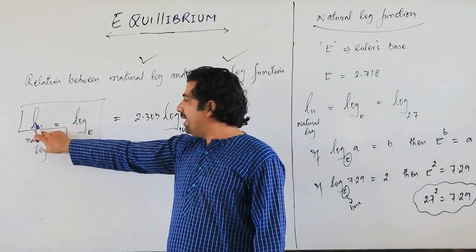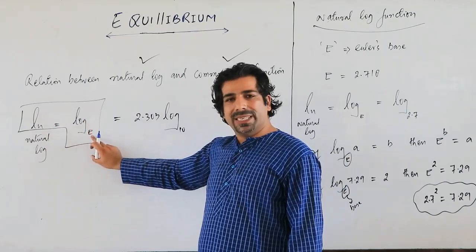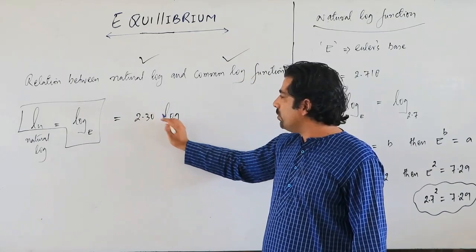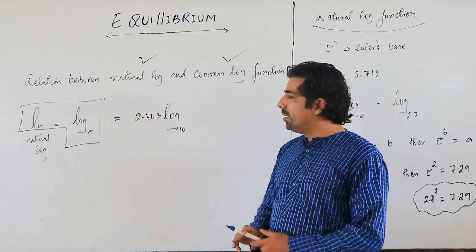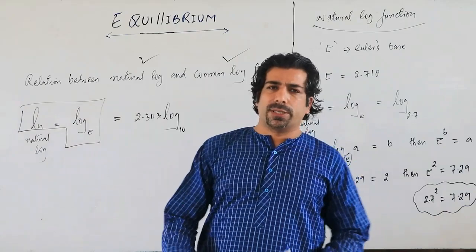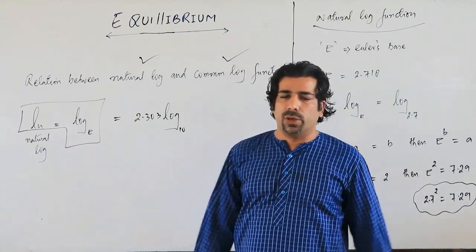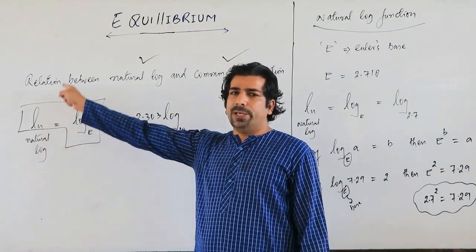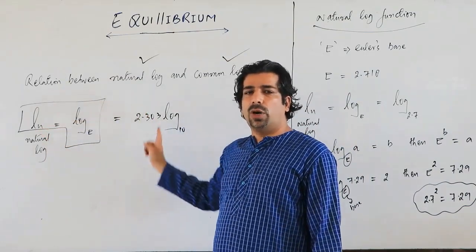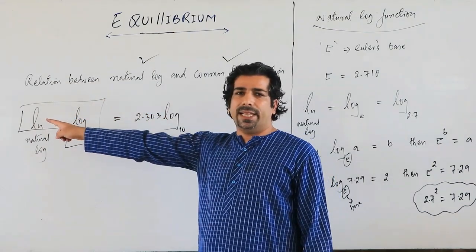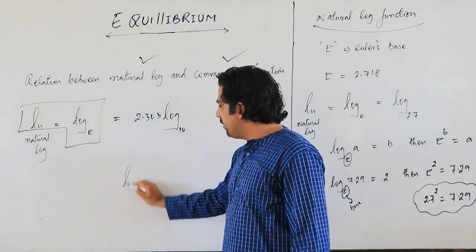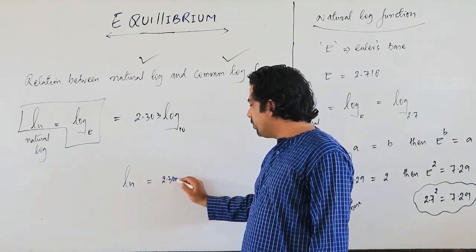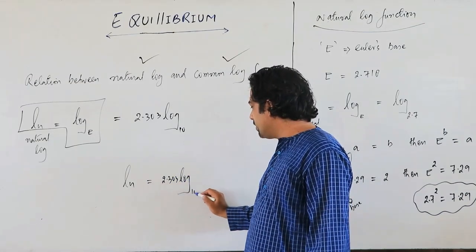So this is how they are related. The natural log ln is equal to log with base e. That's equal to 2.303 log with base 10. So in chemistry, when you are solving certain problems, they will mostly give you the natural log, and then you can convert the natural log into the common log. So if ln is given, we know that ln is equal to 2.303 log with base 10.